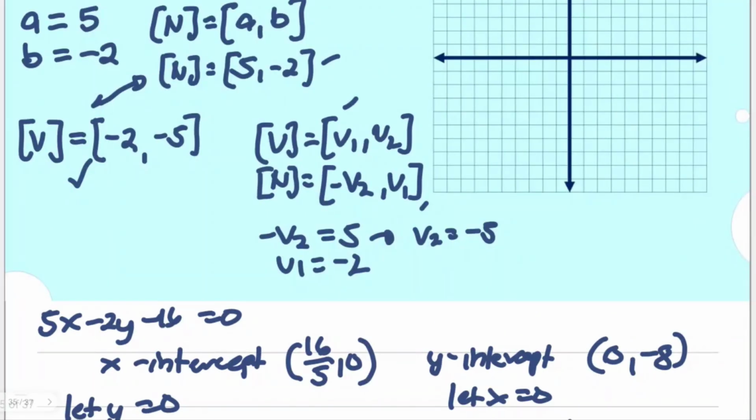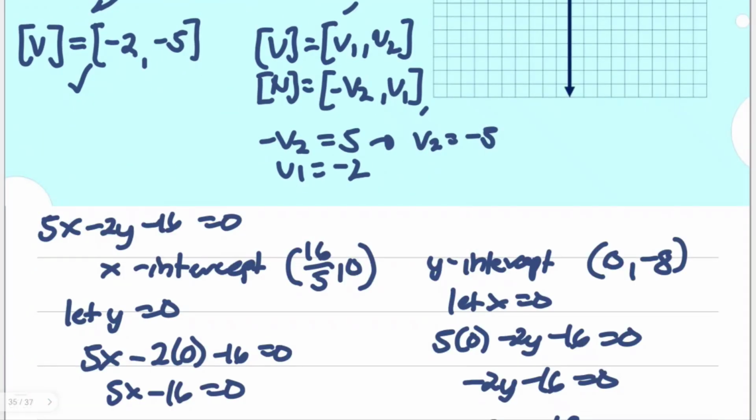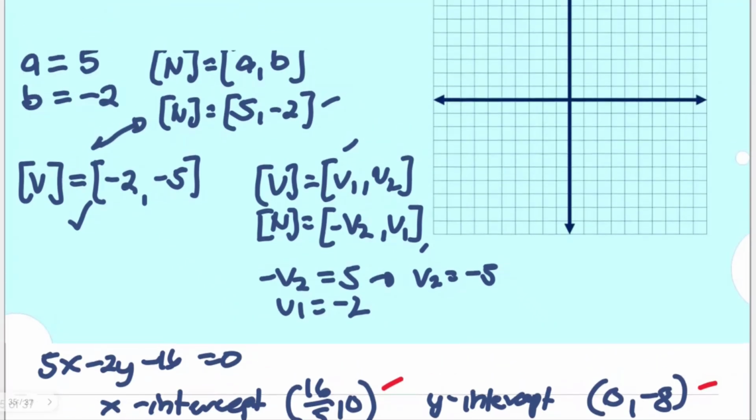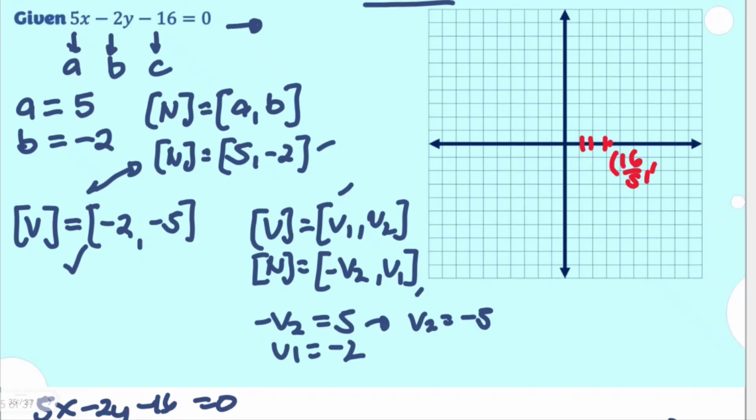If we illustrate that in our Cartesian plane, then we could see further relationships later on. Considering that each grid is 1, 16 fifths is actually 3.2, if I'm correct. So we have 1, 2, 3, and 0.2 somewhere here. Let's have that 16 fifths and 0.